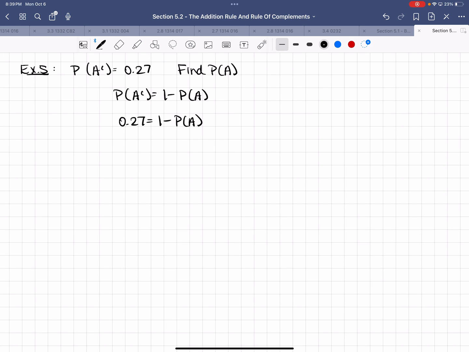So when you move things around, the probability of A is going to be 1 minus 0.27, which gives me 0.73. There we go.